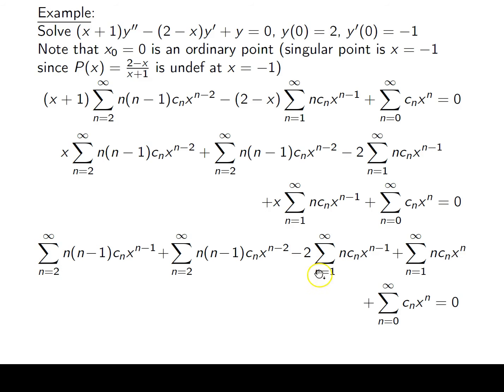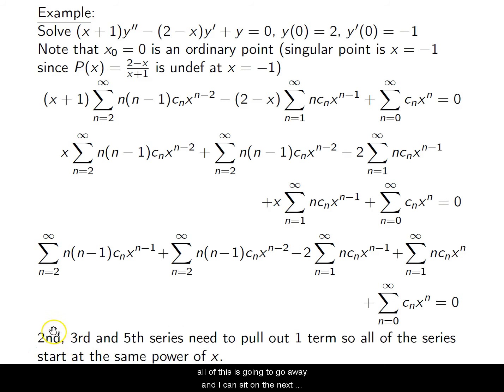Again, I hope you wrote this down, because on the next screen, all of this is going to go away. I can fit it on the next screen, but we will talk about that. The second, the third, and the fifth series need to pull out one term each, so all of the series start at the same power of x, and that power of x is x.